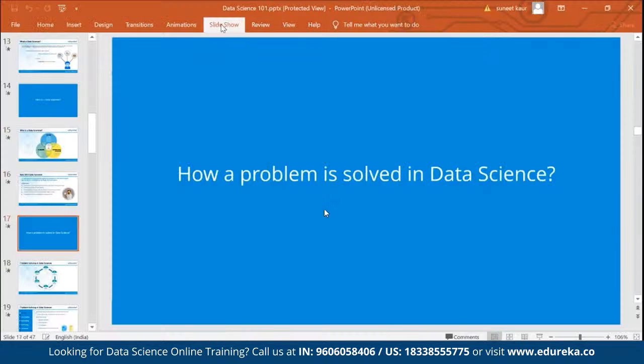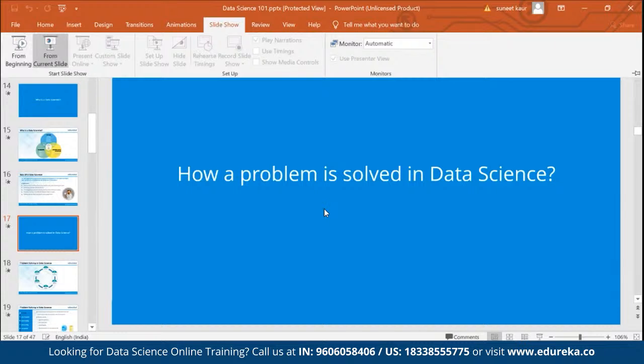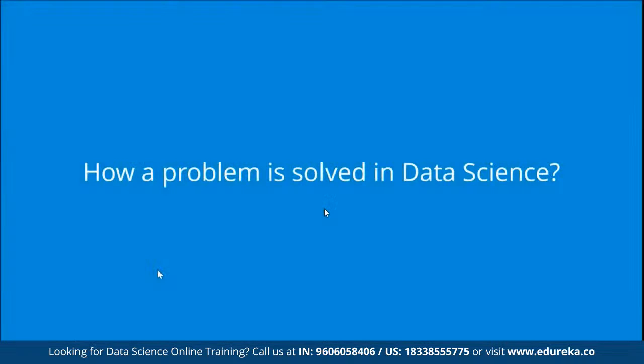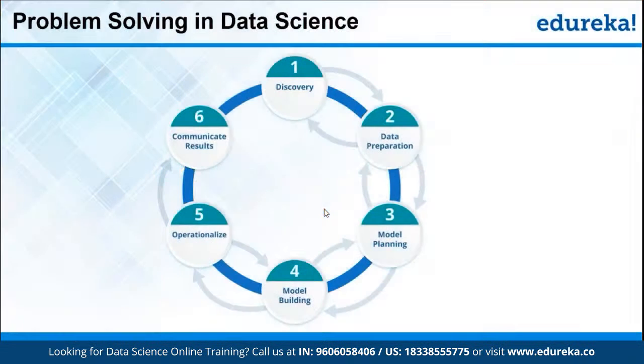Okay, so how is a problem solved in data science? That is something which we will discuss now, right? First of all, you will have to understand the user need. Understanding the user need or user requirement is very much needed. So discovery, as in, you'll get the requirement, you will do some research or analysis on that, and then you will say, hey, this is the kind of data which I would need.